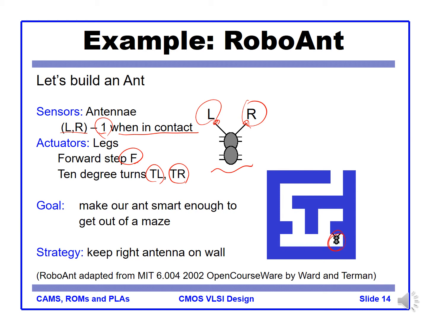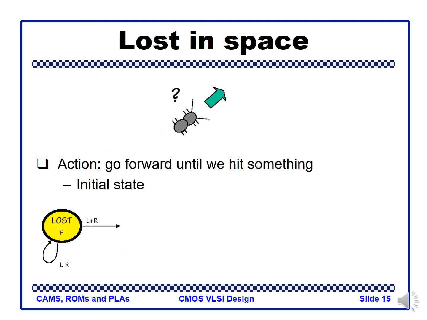Starting from the lower right corner, it finds the way out. The strategy is to keep the left and right antennas on the wall to keep track of the valid space. The first action is to go forward until we hit the wall.